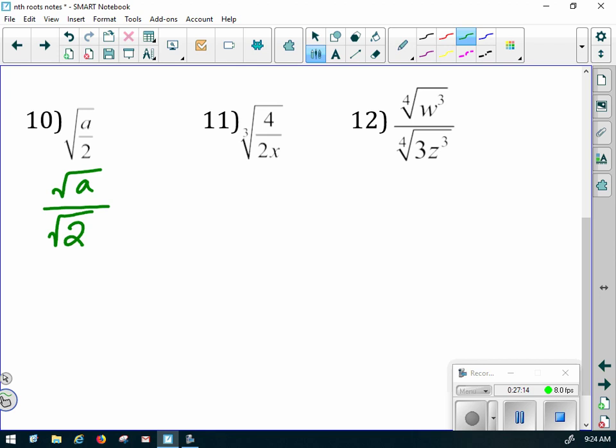Yeah, I got to get rid of that square root of 2. How many 2's do I have on the bottom? Just 1. How many do I need to pull it out of the house? I need 2, so I need how many more? 1 more. So what am I going to multiply top and bottom by if I just need 1 more?